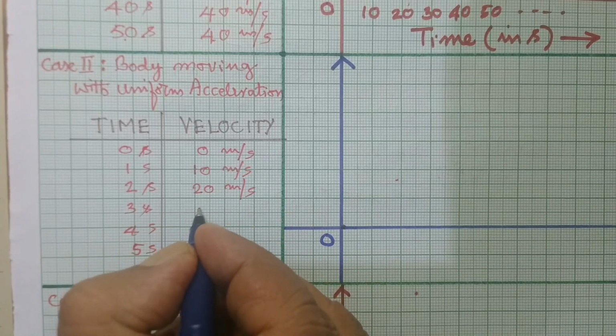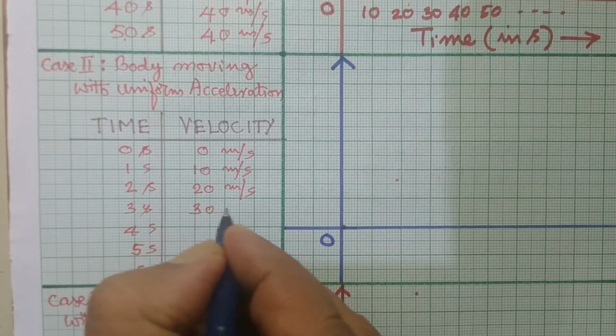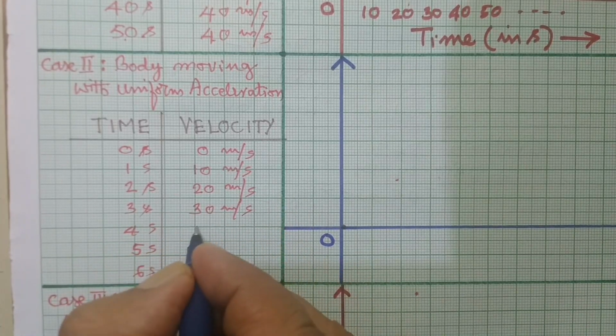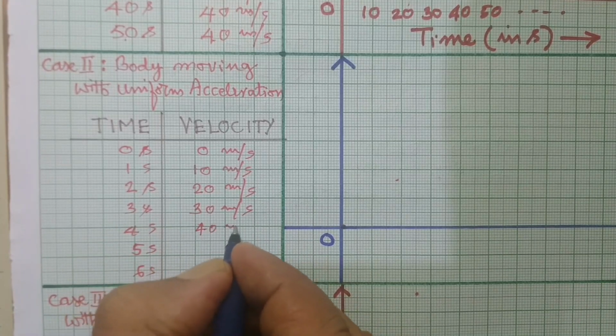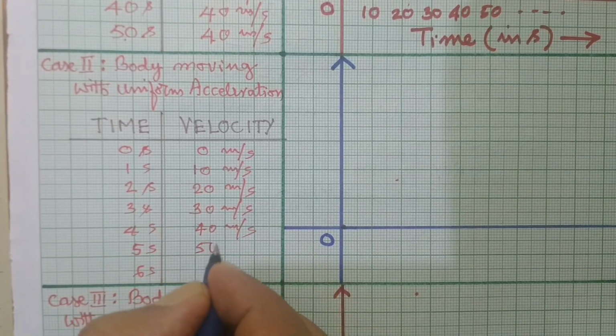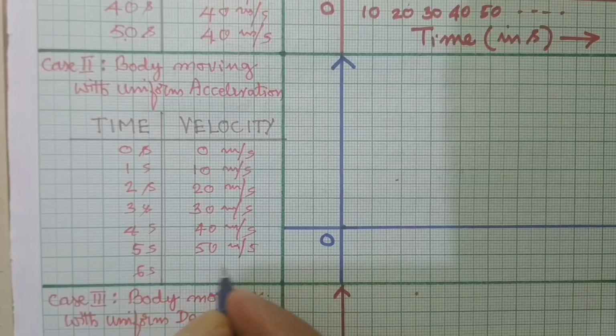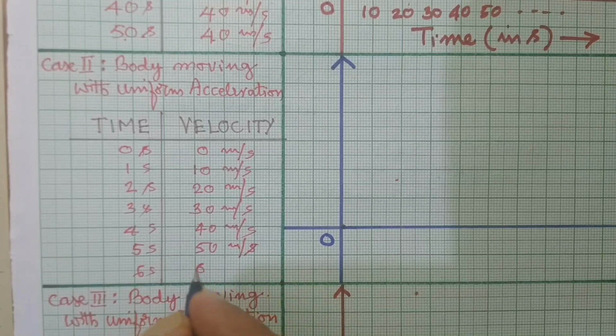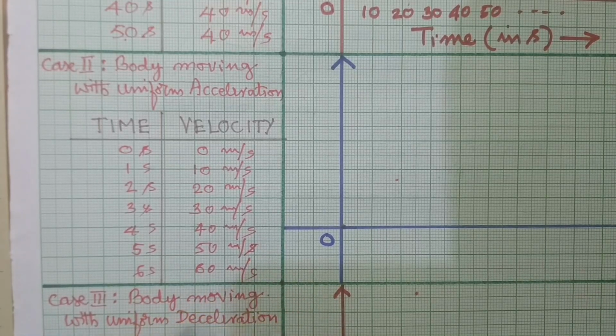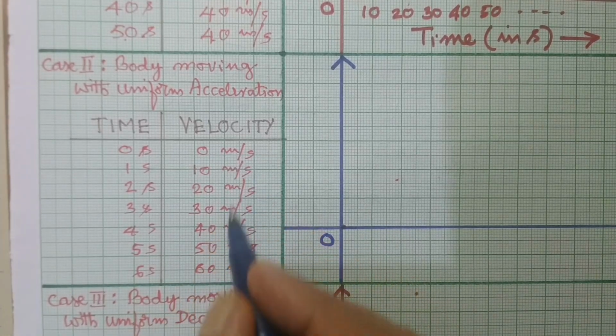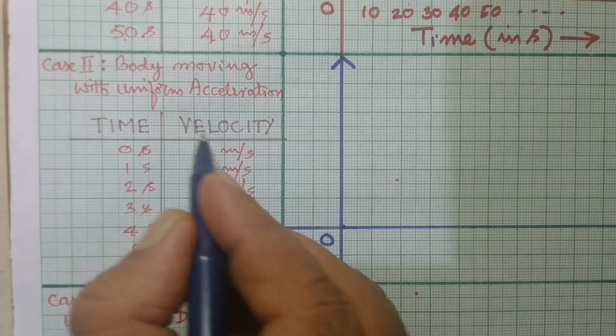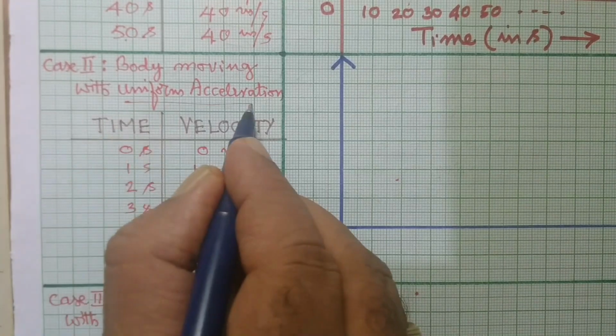Next 20 plus 10, 30 meter per second, 40 meter per second, 50 meter per second, finally 60 meter per second. What is happening here? Velocity is increasing. The meaning is that the body is moving with uniform acceleration.